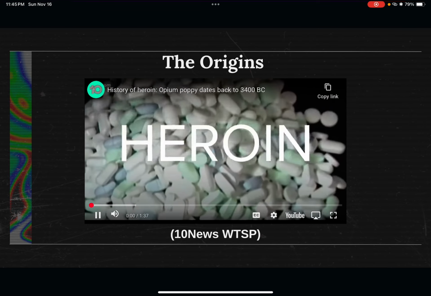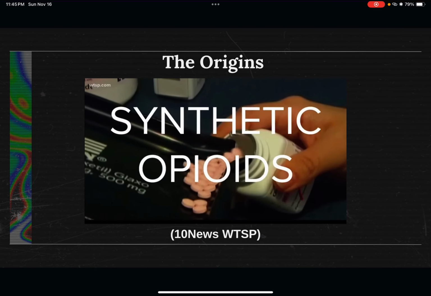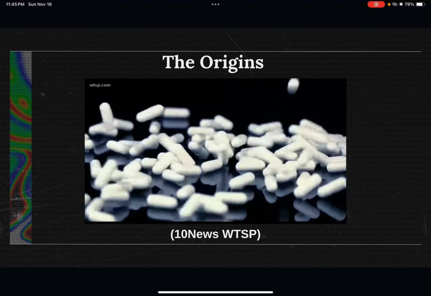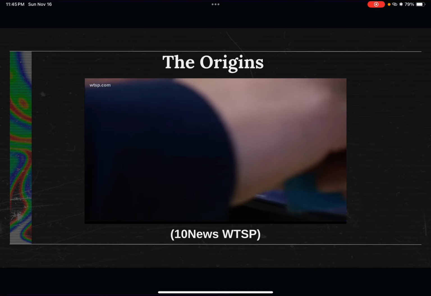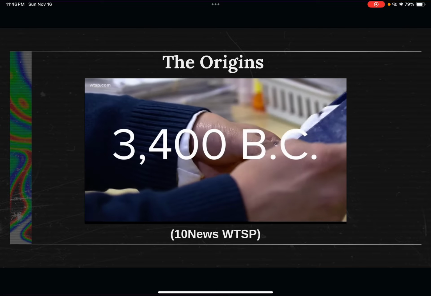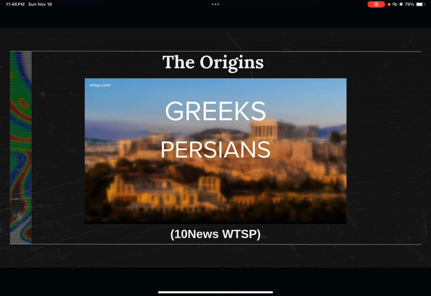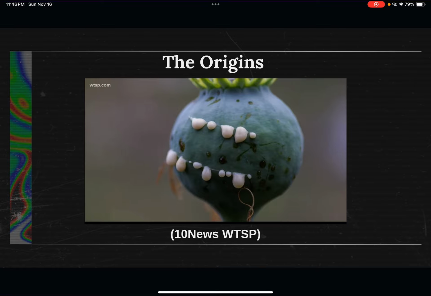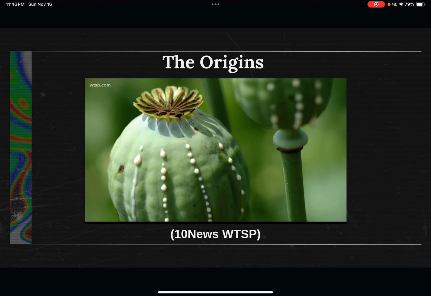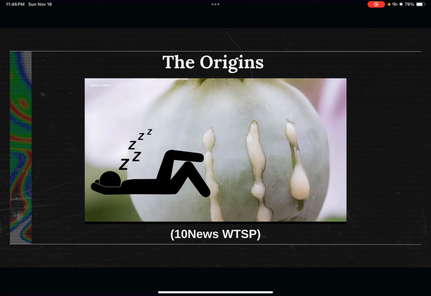Whether it's heroin, morphine, or today's synthetic opioids, it all traces back to the same origin, the opium poppy. Some of the earliest references to the plant date back to 3400 BC. It was used by the ancient Greeks, Persians, and the Egyptians. A milky sap from the flower was processed to produce opium, which people would smoke to help them sleep or relieve pain.